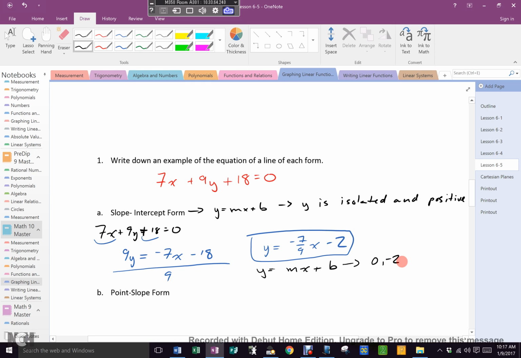Everybody agree? And isn't that a point on the graph? So do I have slope and point? So do I automatically have point slope form? Do I?